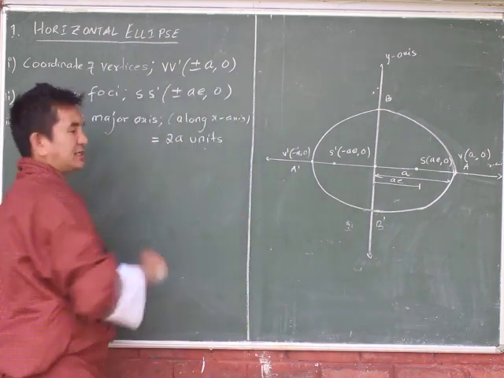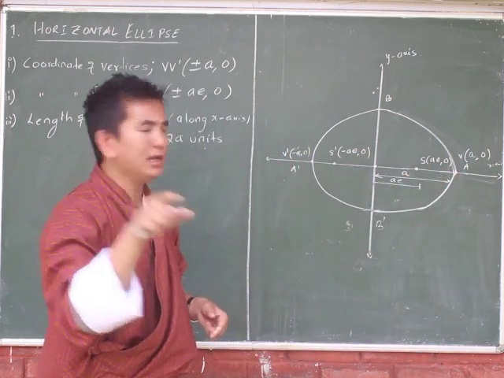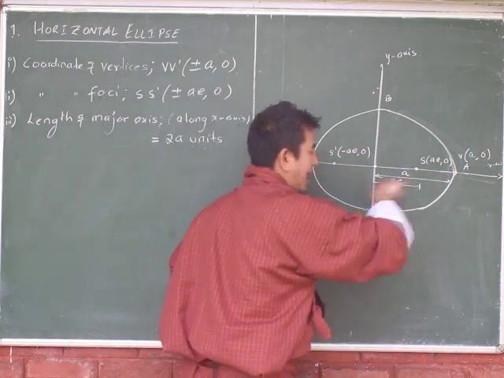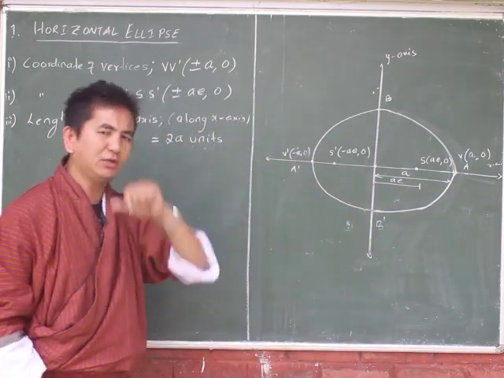So the length of major axis is along the x-axis. For horizontal ellipse, the major axis is along the x-axis and the minor axis is along the y-axis. For vertical I will tell you later.